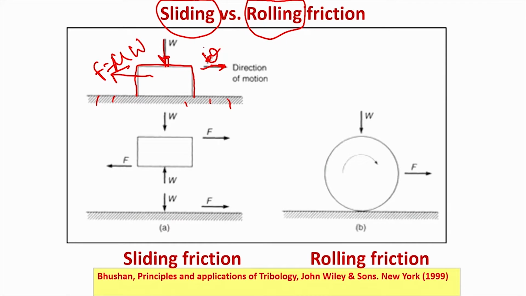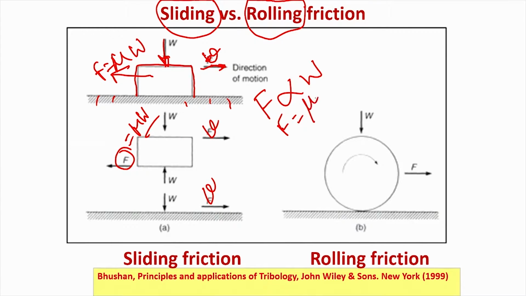Now, what you see from sliding friction is that F is proportional to W, and the coefficient of proportionality is called the coefficient of friction, mu. So, F is equal to mu W.